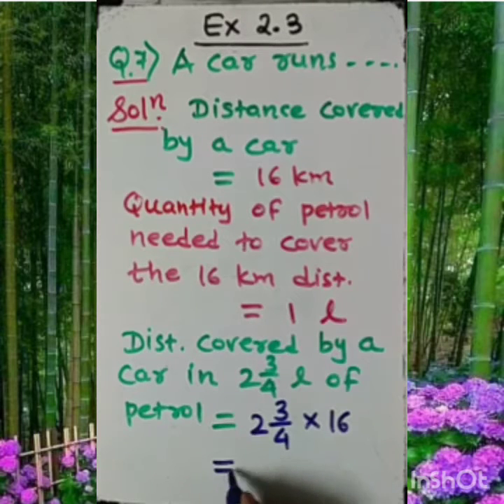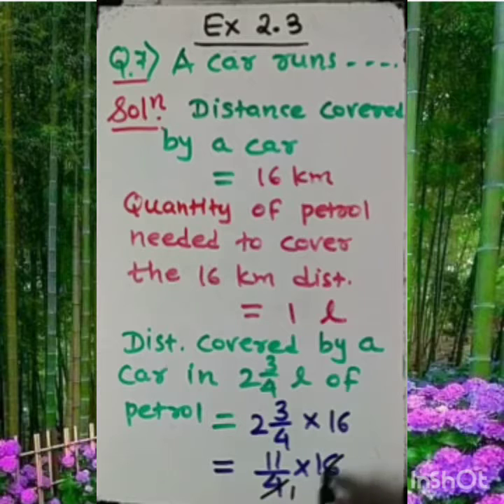So here we write 4 twos are 8, 8 plus 3 is 11/4 into 16. Very simple. Now you know there is something common: 4 fours are 16, so here it is 4. So 11 fours are 44, and the unit is kilometer.